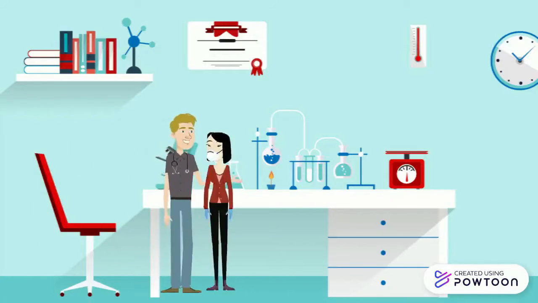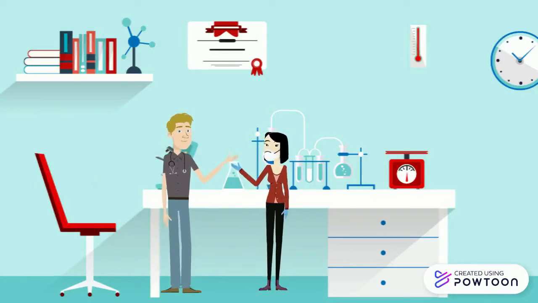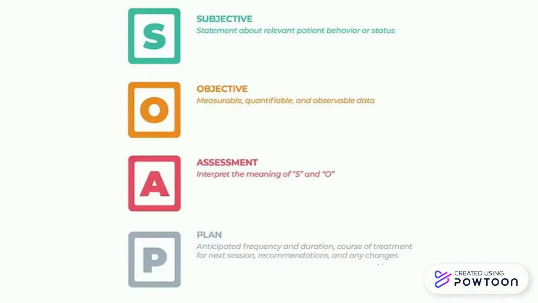Simply to say, it's an effective way for healthcare workers to communicate with one another regarding their patient. SOAP report consists of 4 parts, that is, the subjective, objective, assessment, and planning.